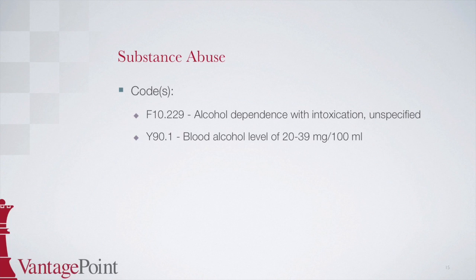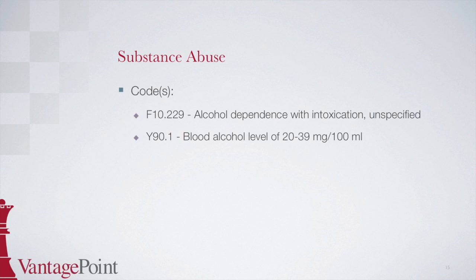However, if you didn't see this note, in order to code blood alcohol level, you would go to the index to external causes, which for the Optum 2015 ICD-10-CM Expert for Physicians starts on page 387. You would then look for blood alcohol level, which has a range of 20 to 39 milligrams per 100 milliliters indented below, pointing to code Y90, which you would then confirm in the tabular.